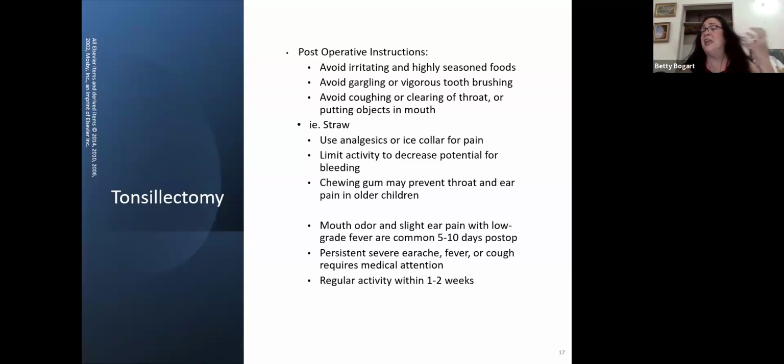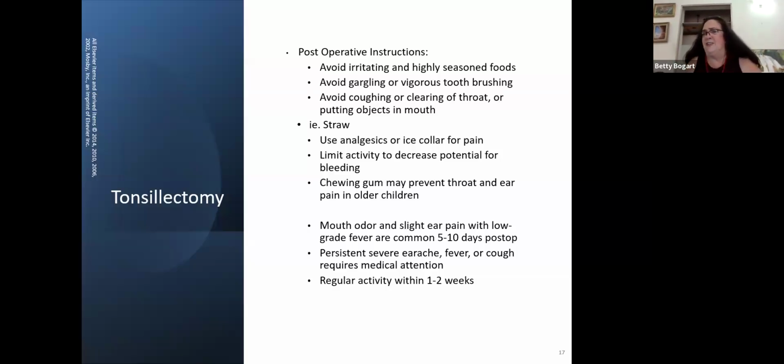And a lot of times they get blocked and create a lot of ear pain. What do you do if you're in an airplane going up and your ears start popping and hurting? If you chew gum, it won't happen, right? Same concept for T&As or tonsils. Have an older child chew gum. It'll help eliminate that pain in the ears, okay?